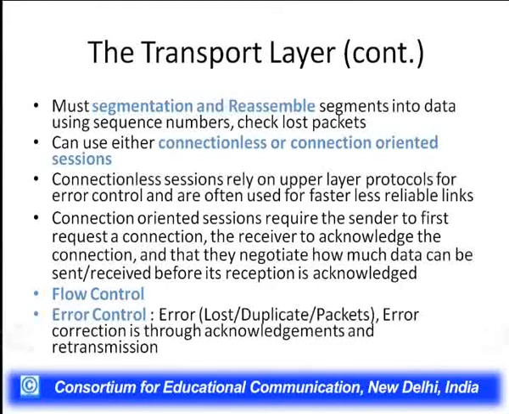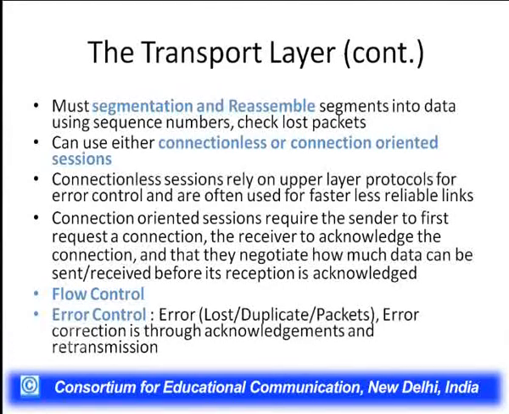The sender first sends a request for a connection, the receiver acknowledges the connection, and then they negotiate how much data can be sent or received before its reception is acknowledged. So the connection is established, the data is sent, and once the data sending has been completed, the connection is terminated.